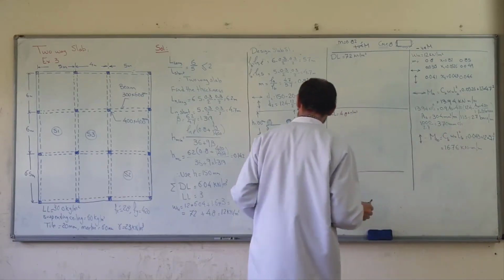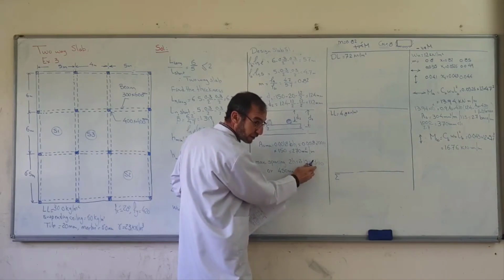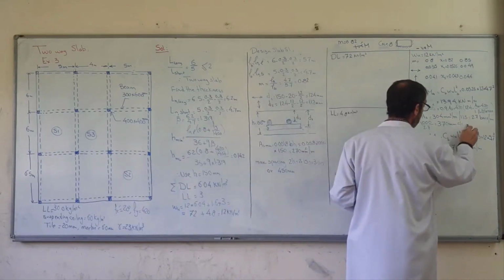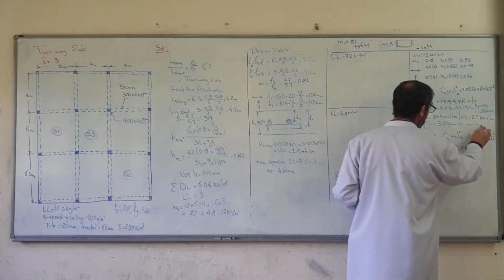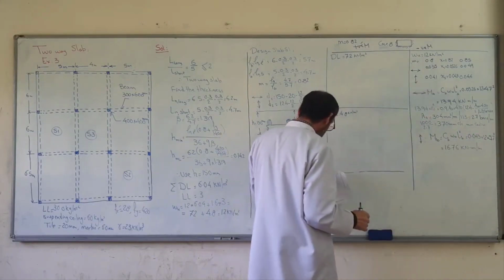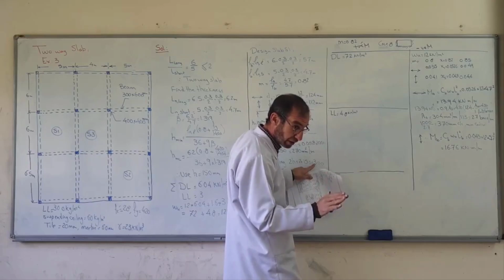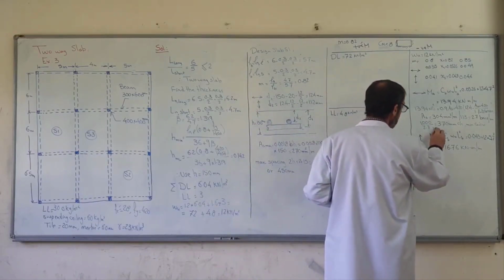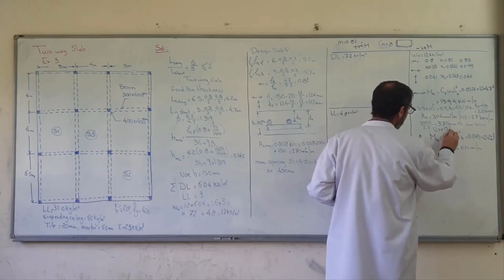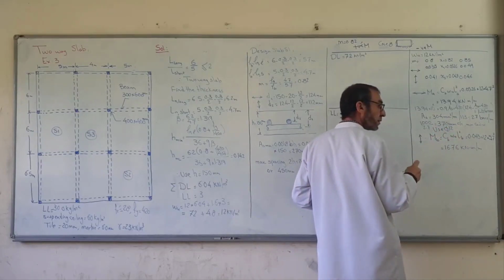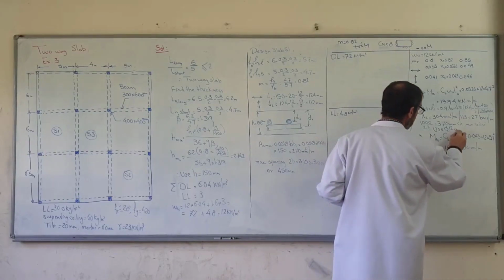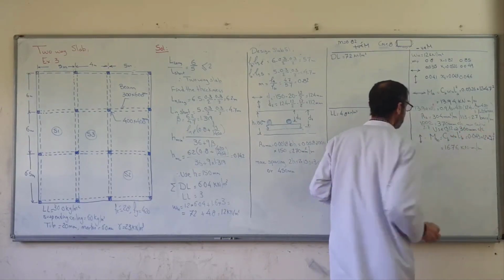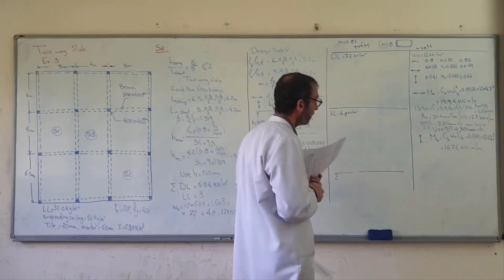The maximum spacing must not be more than 300 according to the ACI requirement. So use phi 12 at 300 millimeter center to center. Okay, this is the first.